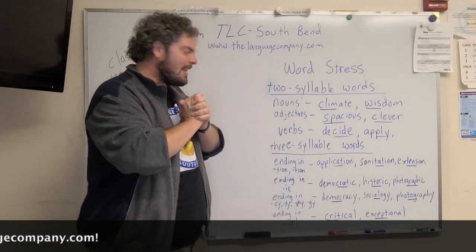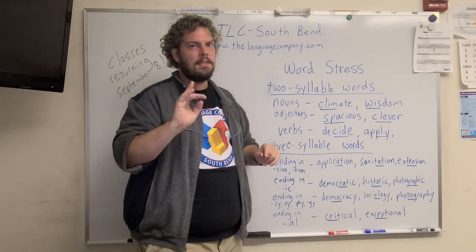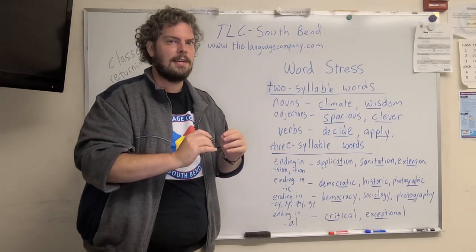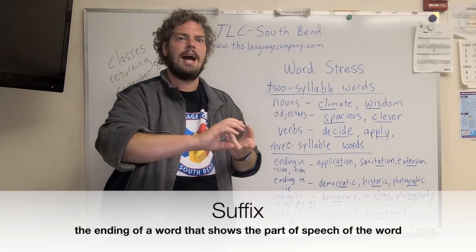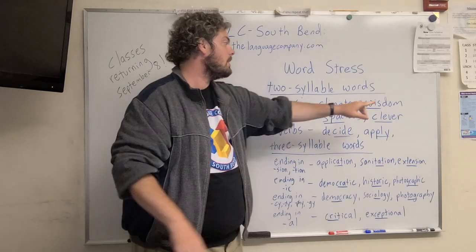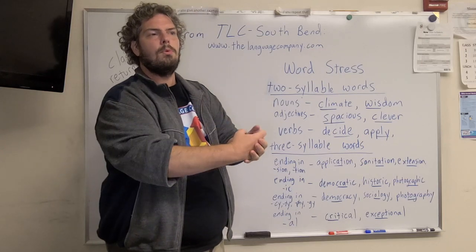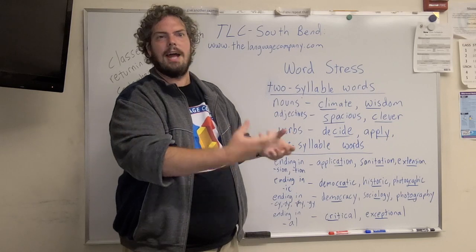Now, let's get a little bit harder. When you get to 3-syllable words, one of the things you want to look at is the suffix. Now, when I say suffix, I mean the last part of the word, like ION, IC, AL, OUS, DOM, ER. The suffix on the end of the word usually tells you if it's a noun, verb, adjective, or adverb.